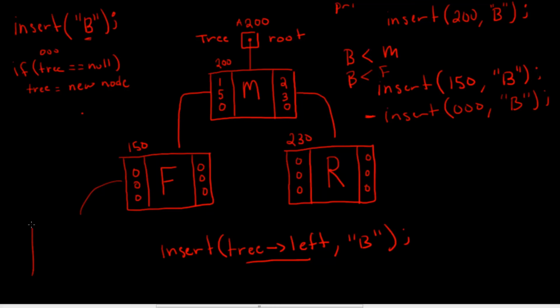We create the new node here. We use the default parameters to set left and right to null. And then the address here, which was tree left, is now pointing to B. There's actually something in it now.